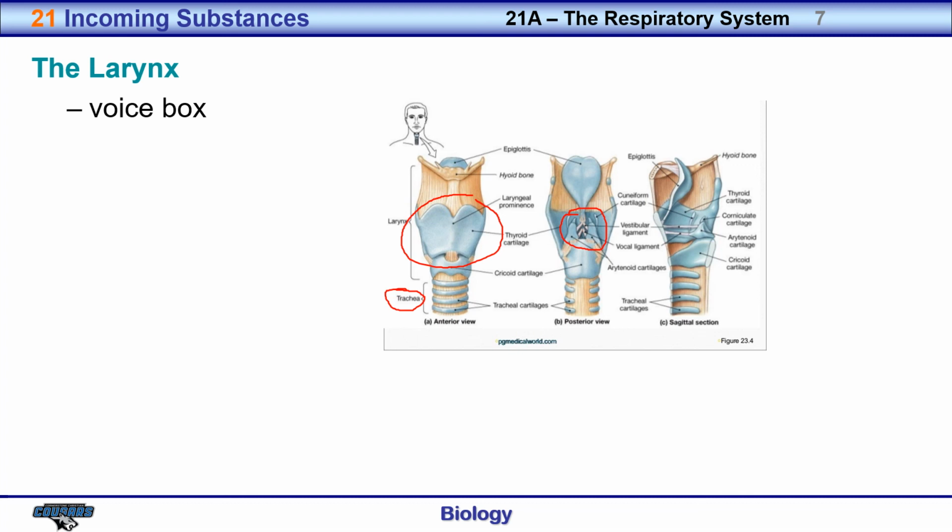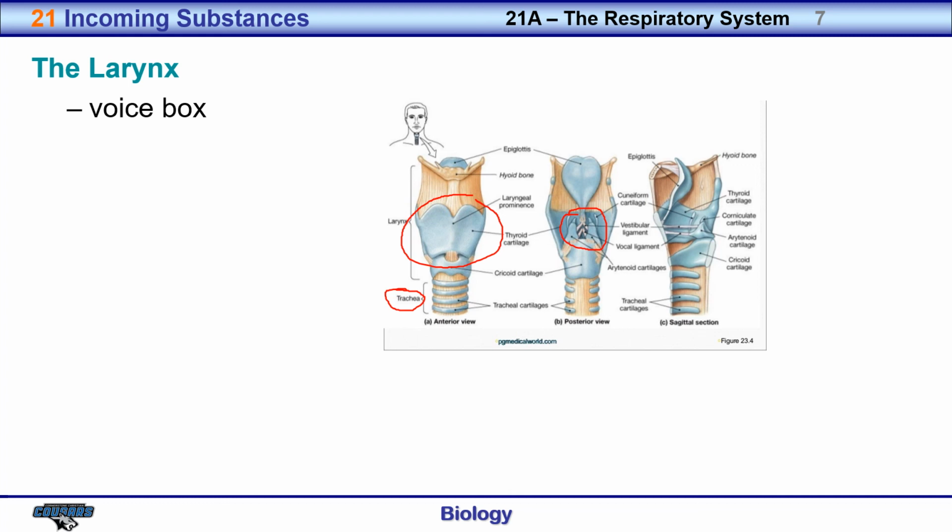The walls of the larynx, as I said, consist of several cartilage structures that are held together, and so there is cartilage. You can see here where it talks about the thyroid cartilage, and then you have different names here for different kinds of cartilages, but for the detail of all of that, it's made out of cartilage. So it's not made out of bone, it's actually made out of cartilage.